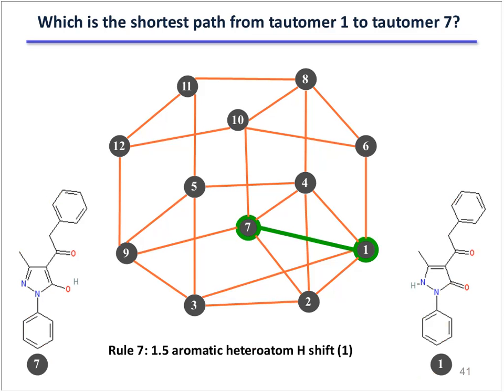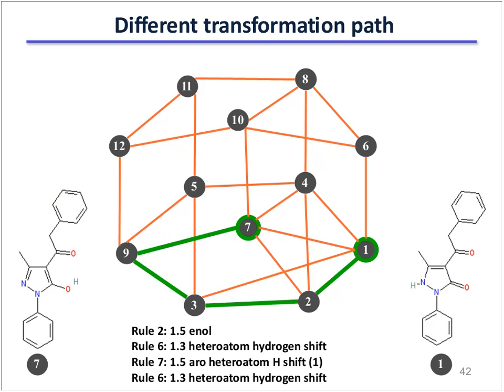And if you want to go by a different alternative pathway, first we have to apply rule 2, then rule 2, then we apply rule 6, then it's structure number 3, then we apply rule 7, then it's structure number 9, and finally we apply rule 2, then it's 7. So rather than going this long pathway, it will be easier to go by rule 7 only, because only one time we are using this rule to reach our target.